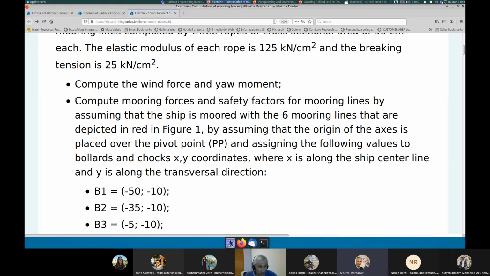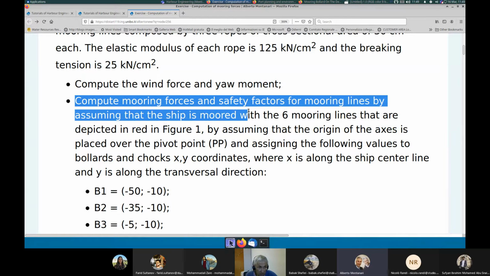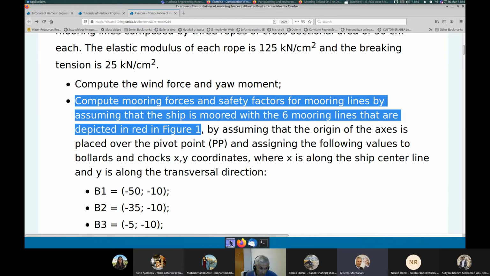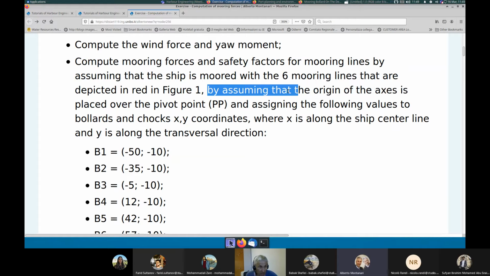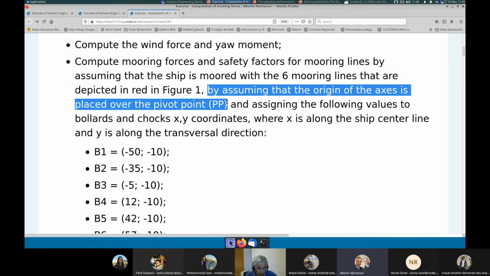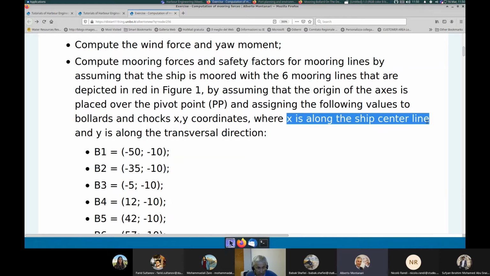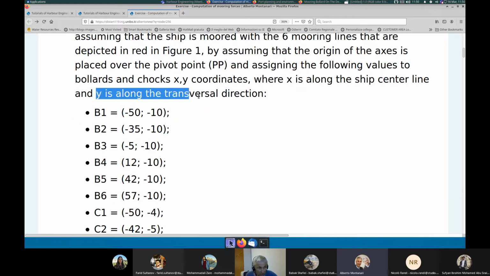And then we have to compute the mooring forces and the safety factors for mooring lines by assuming that the ship is moored with the 6 mooring lines that are depicted in figure 1, by assuming again that the origin of the axis is placed over the pivot point, and assigning the following values to Bollard and Chock's coordinates, where x is along the ship center line, as we discussed, and y is along the transversal direction, as we discussed.